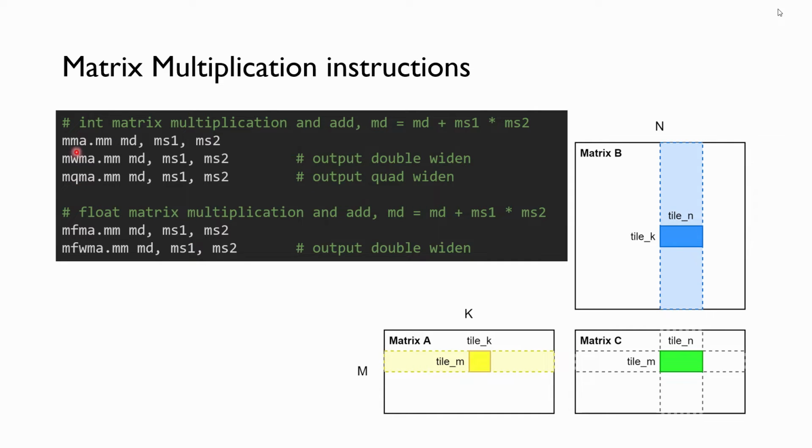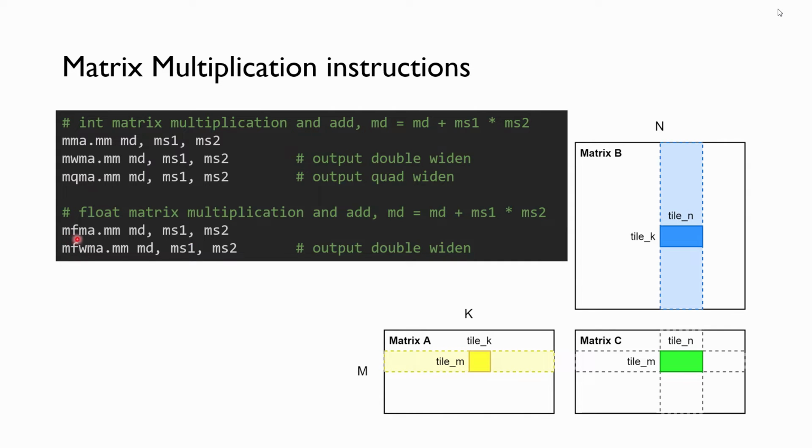The MMA here will produce a single width result. The MWMA instruction will generate a double widened result. And the MQMA instruction will generate a quad widened result.